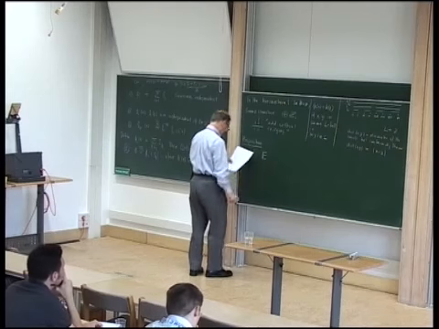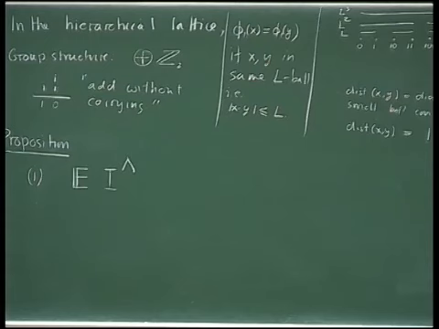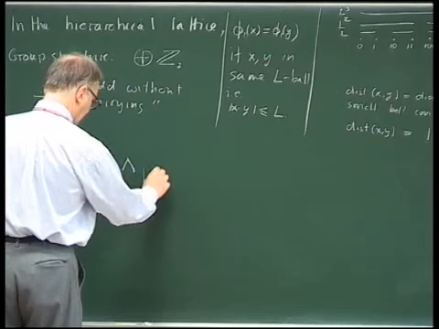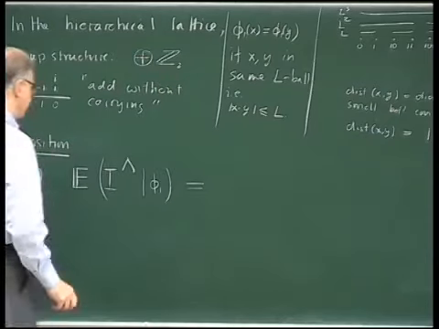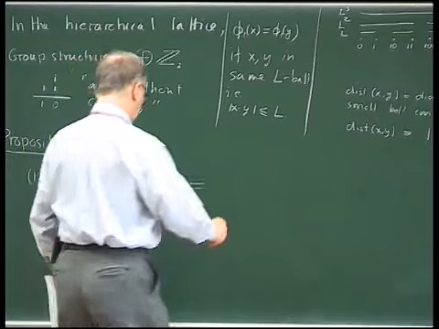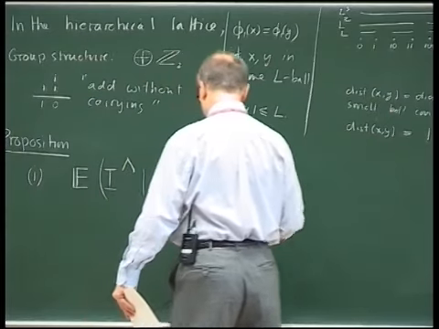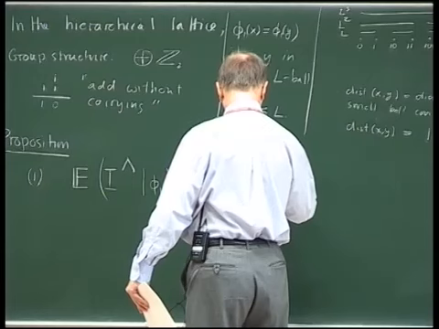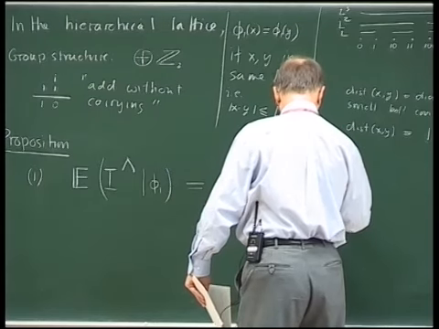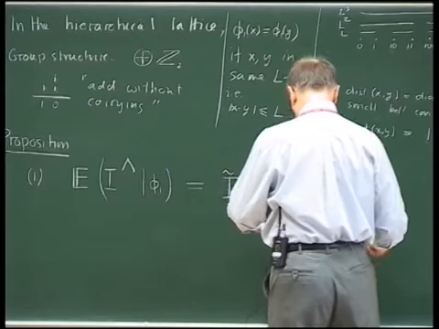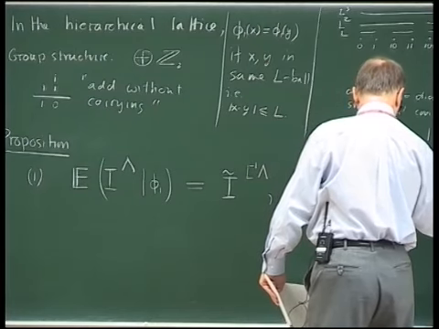We can take the expectation of I to the power of lambda, conditioned on phi 1, and if we do, we will get, again, a product structure, something called I tilde to the power of L inverse of lambda, where I tilde sub b is the expectation of I to the power of b given phi 1.